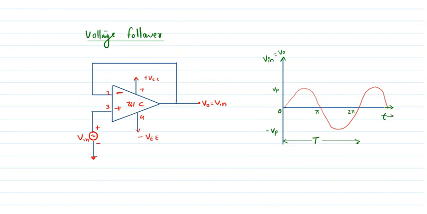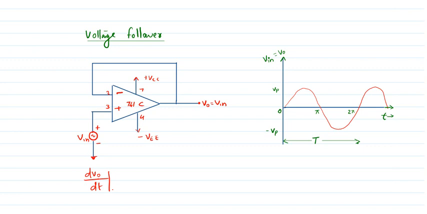The maximum rate of change of output occurs when cos omega t becomes 1. So we can reduce this equation: the maximum rate of change of the output occurs when cos omega t equals 1.